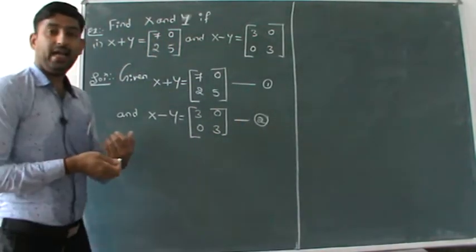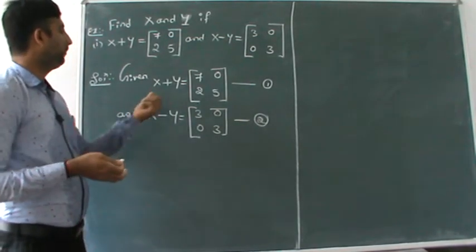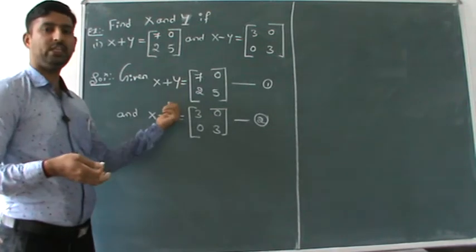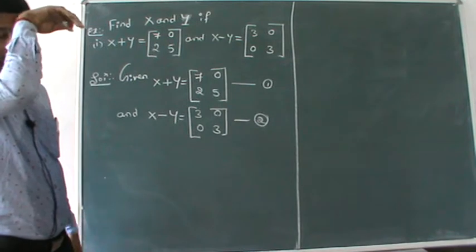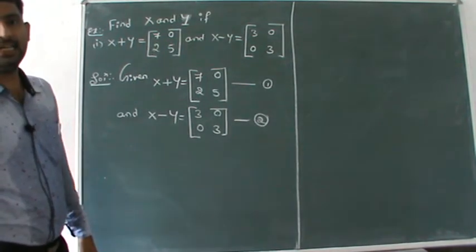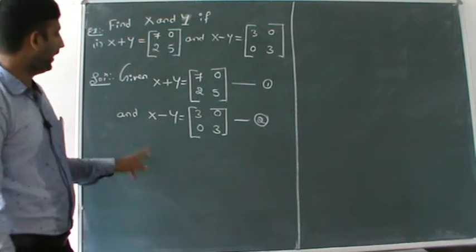You know in SSLC or 10th standard, there is one rule. These two equations look like simultaneous linear equations, correct? How to solve simultaneous linear equations? With the help of elimination or substitution, correct?